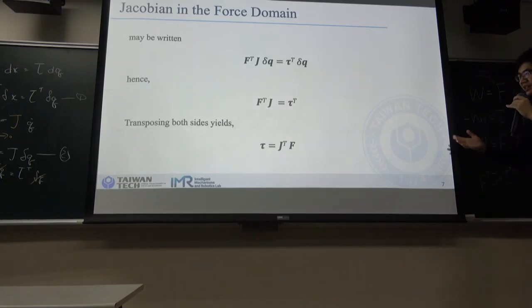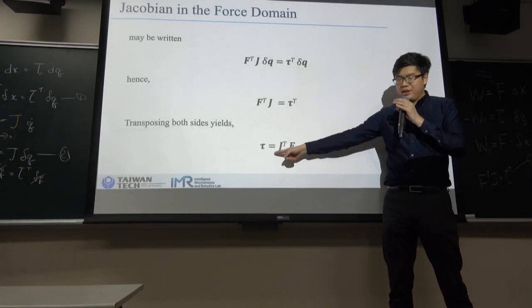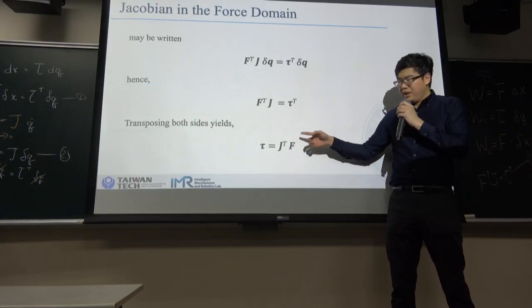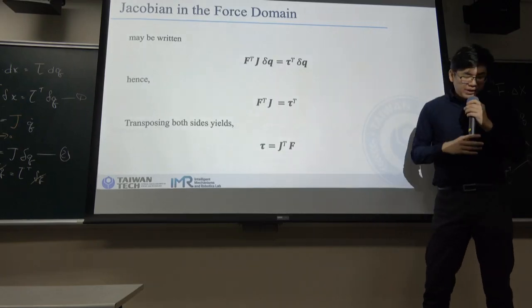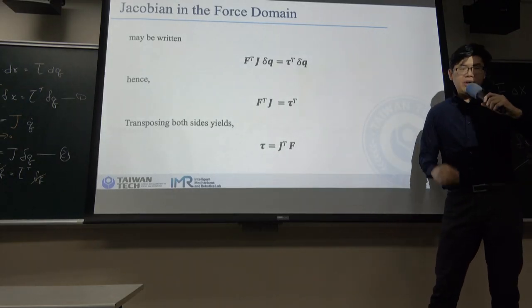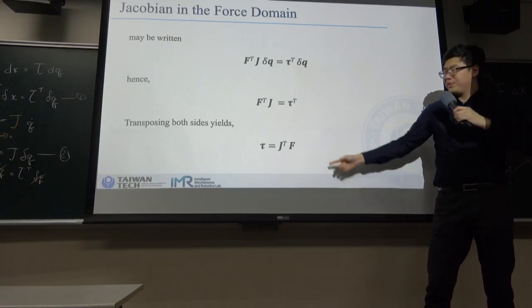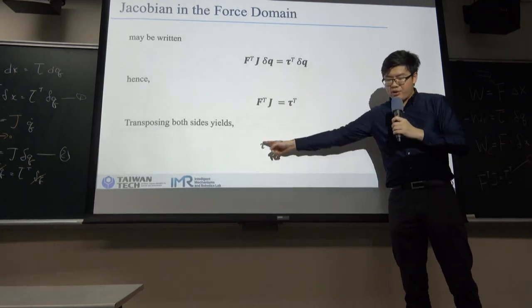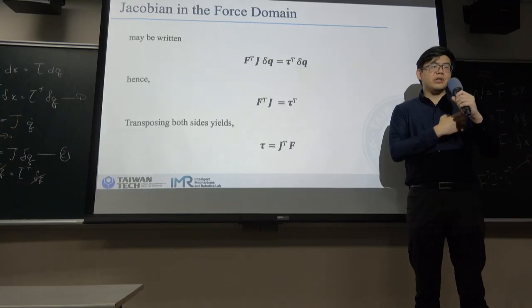So this Jacobian transpose maps the external force to the torque in each joint. The problem is that if, like a robotic arm, there's an external force applied on the end effector, then through the Jacobian transpose, we'll know what torque we need to apply in each joint, the motors.